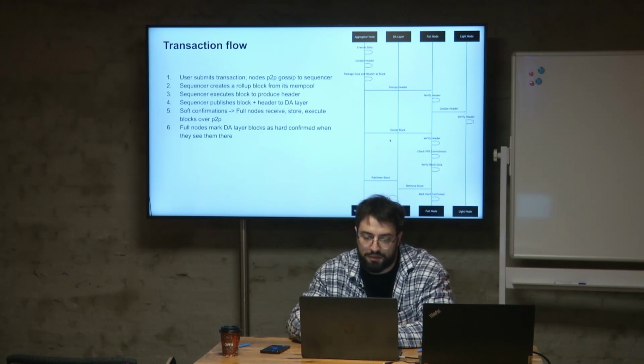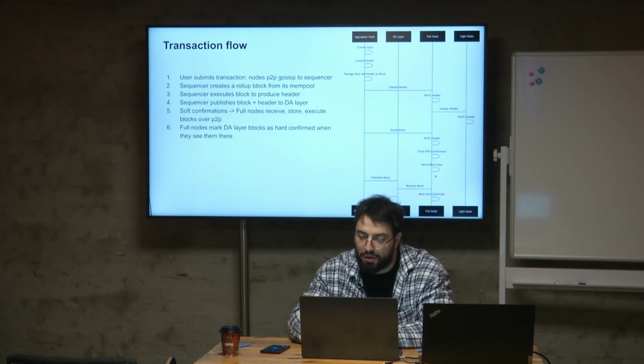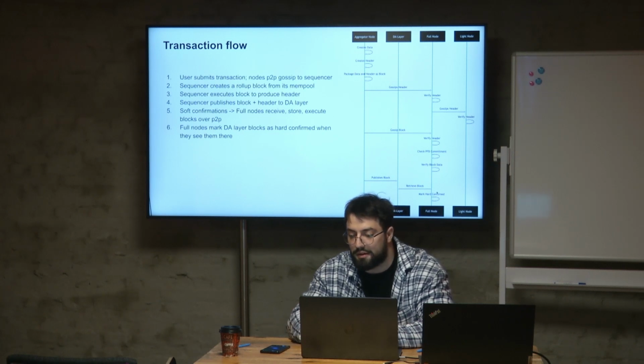After that, those nodes that already processed this block can retrieve data from the DA layer, and if it's there, it means that it was included, and that's the point when we can say that it's hard confirmed. So it's basically finality for this block.